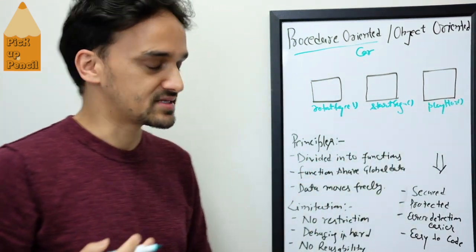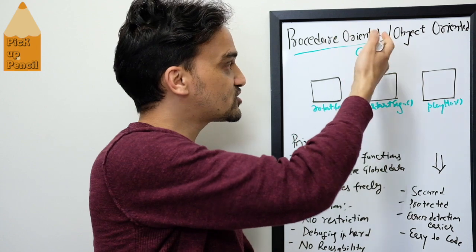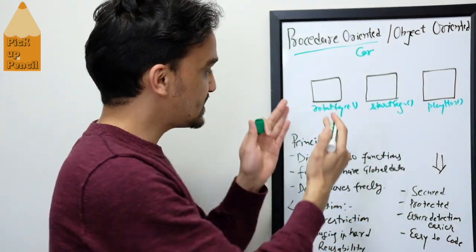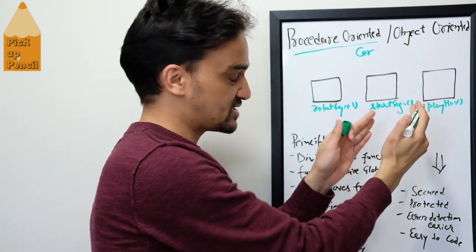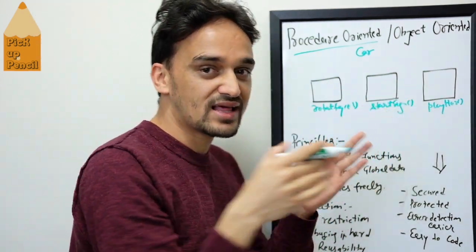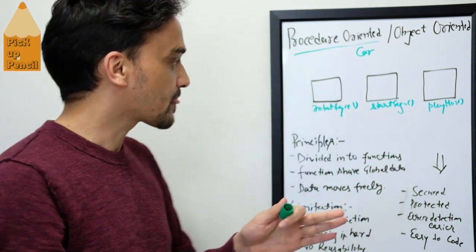I've just taken examples. So in the procedure-oriented programming language, this is how the car will be built. Each set of modules is divided into specific functions, and all these functions will have their own responsibilities.